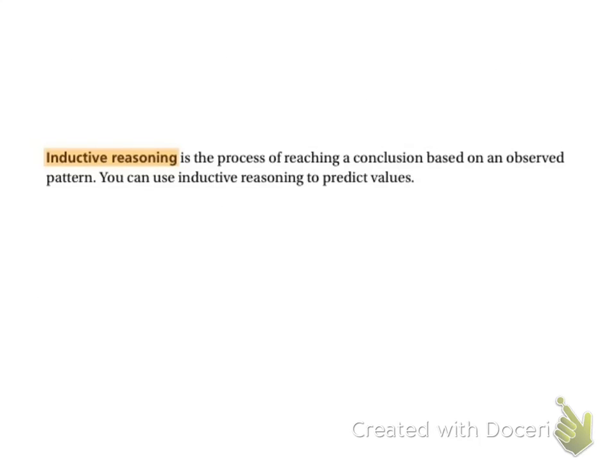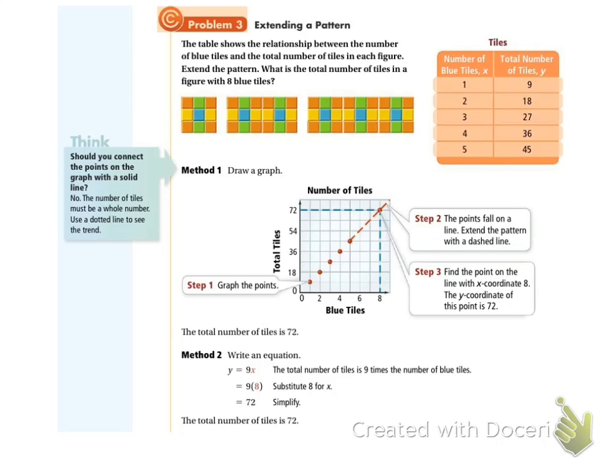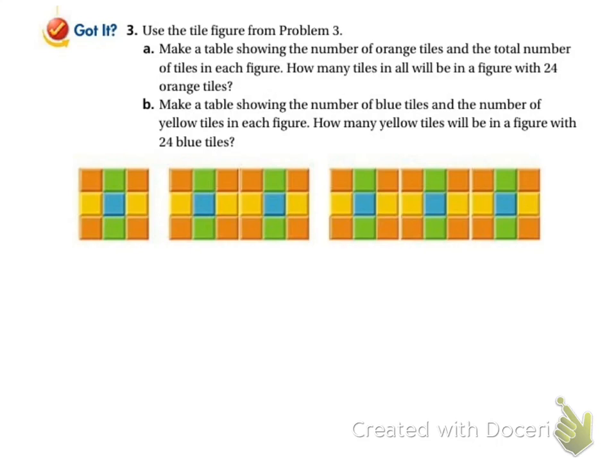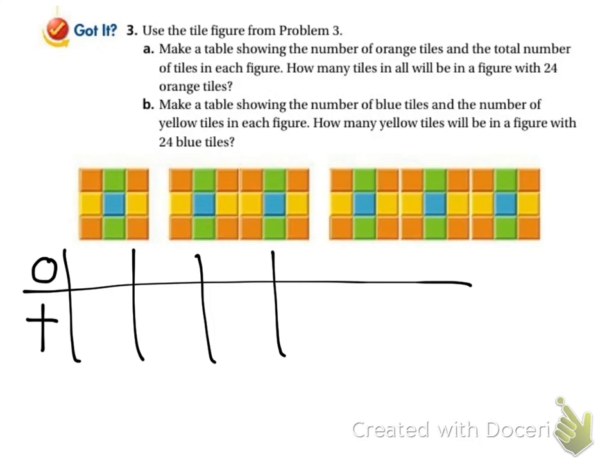Inductive reasoning is the process of reaching a conclusion based on an observed pattern. We're going to skip over their problem. You can look through it if you want, but we're doing the same sort of thing with this one right here. So looking at the same pattern, we're going to focus on the orange tiles. So make a table showing the number of orange tiles and the total number of tiles in each figure. So here's our first one.